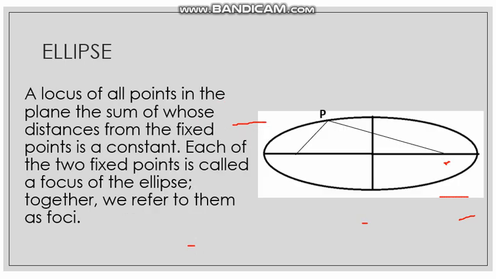So the definition of ellipse: it is a locus of all points in the plane, the sum of whose distances from two fixed points is a constant. Each of the two fixed points is called a focus of the ellipse. So from the center, this is the focus, focus sub 1, and focus sub 2.